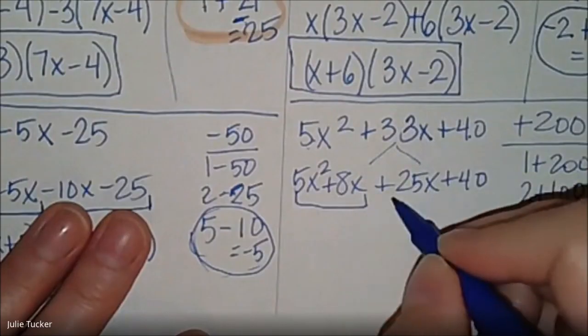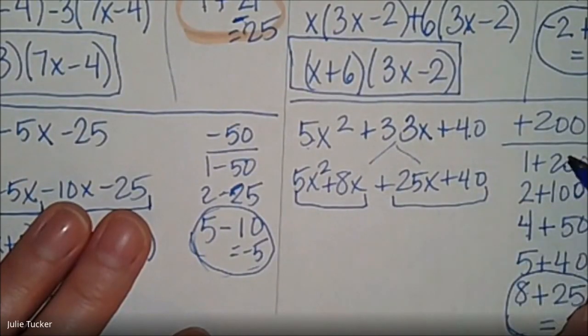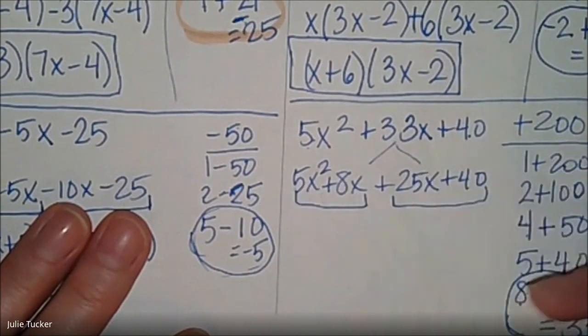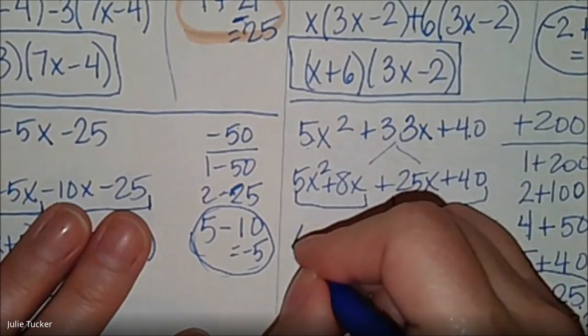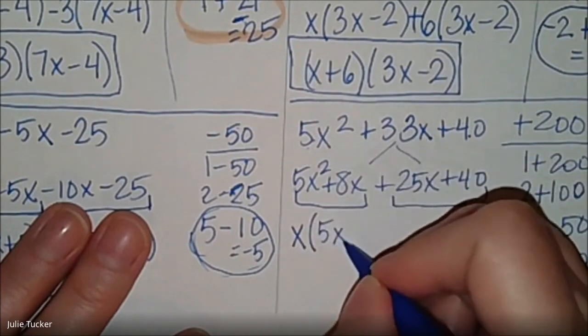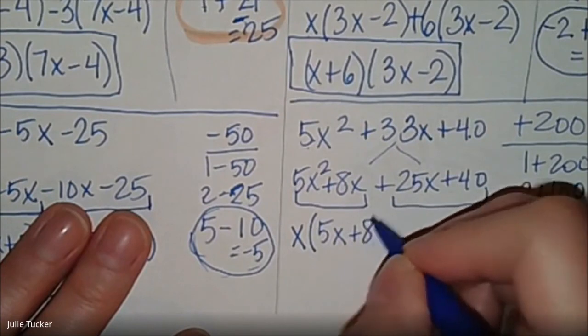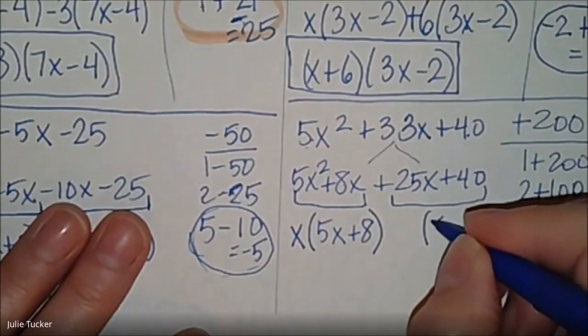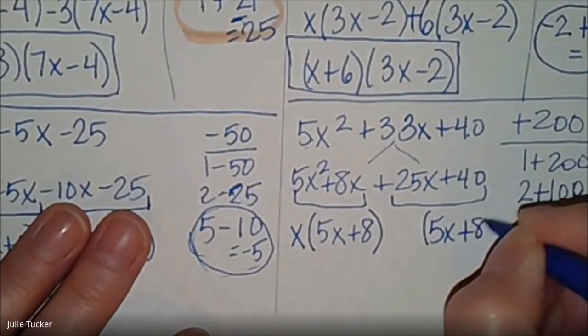Now we're going to do grouping. There's no number for 5 and 8. There's nothing that divides into that. So I'm going to divide out x. That'll be 5x plus 8. Now I'm going to make my second set match my first set. Secret weapon.